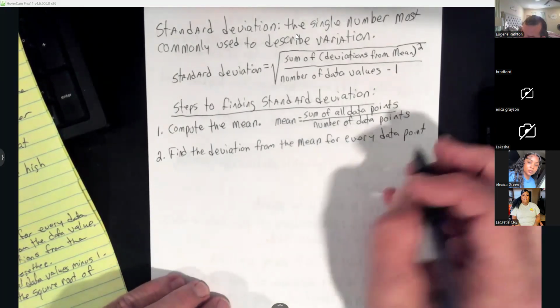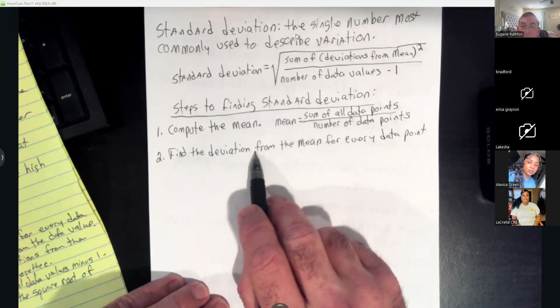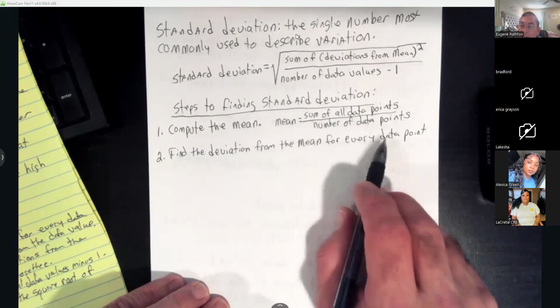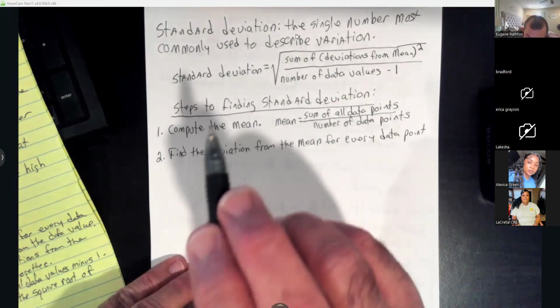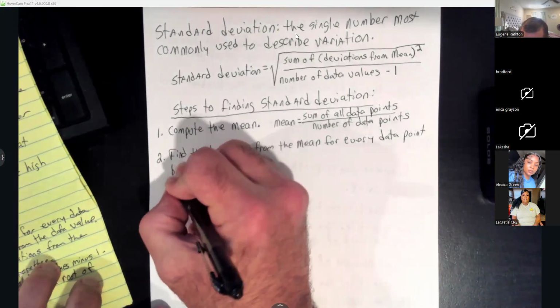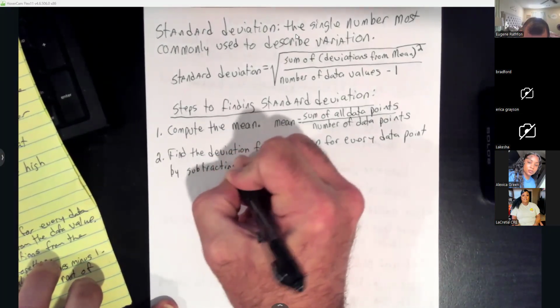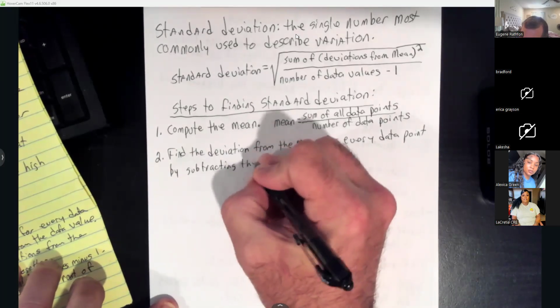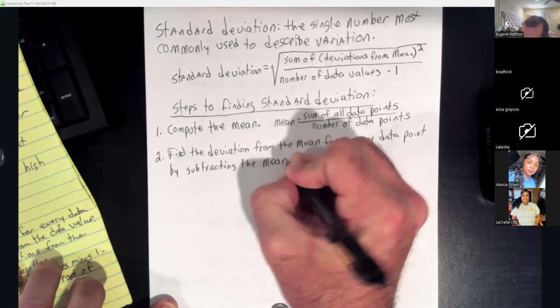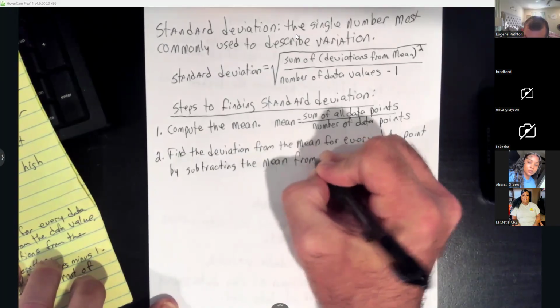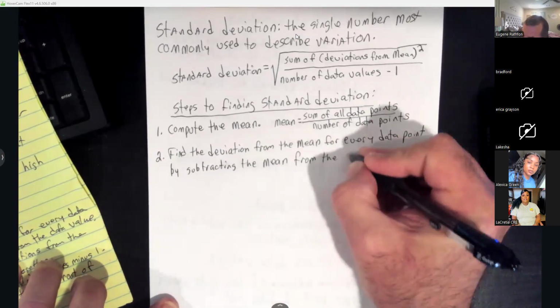And to do that, we're going to find the deviation from the mean for every data point by subtracting the mean from the data value.